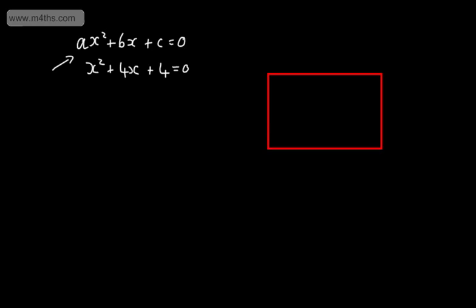If I take some dimensions, and I'll say that this is going to be x, and then let's have x plus 1 just here. Let's say the area of this rectangle is going to be 42 units squared. We know that the length times the width will give us the area. So what we can say is that x multiplied by x plus 1 is equal to 42.